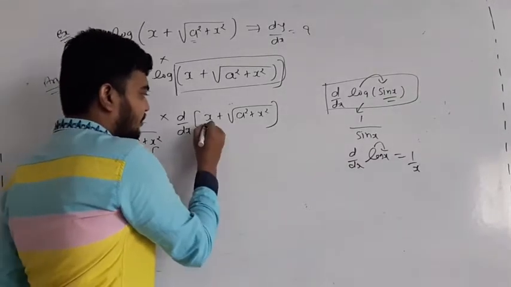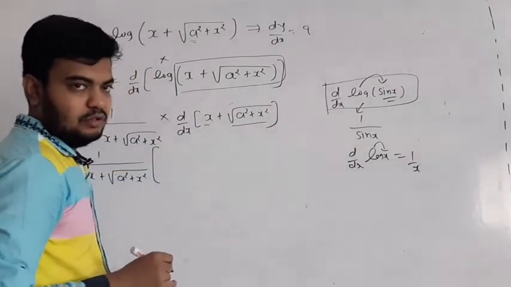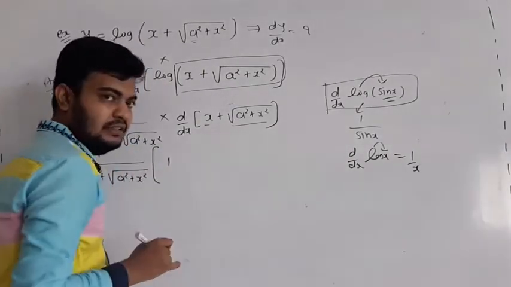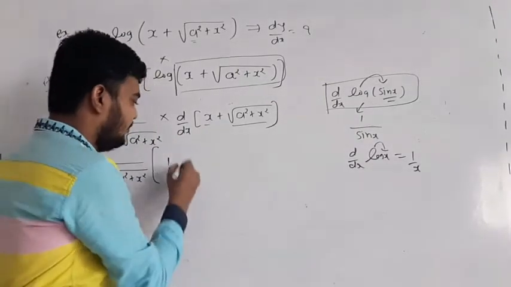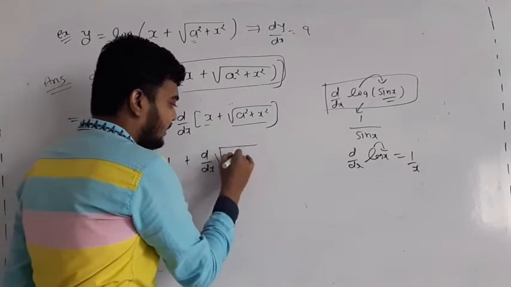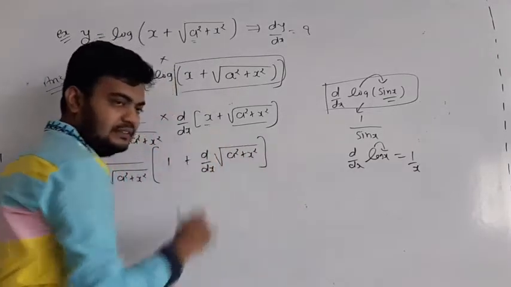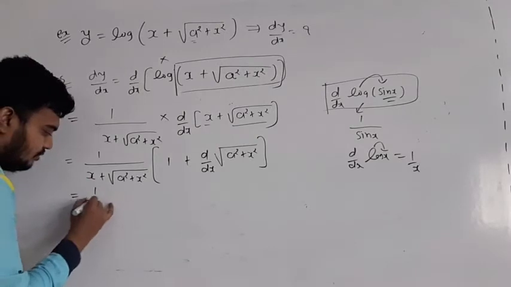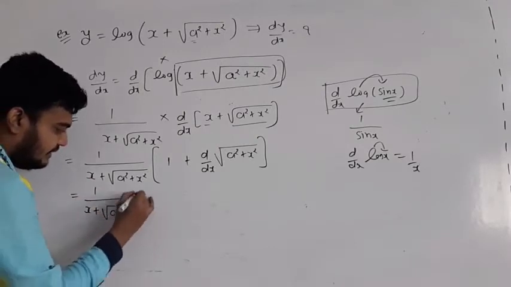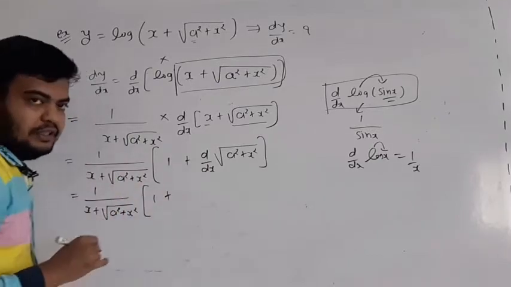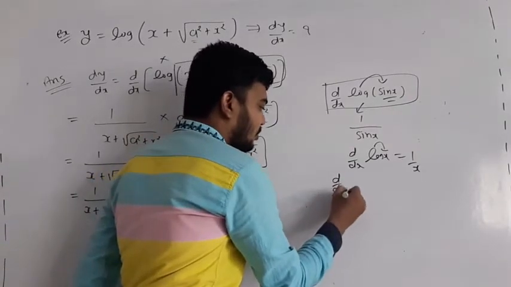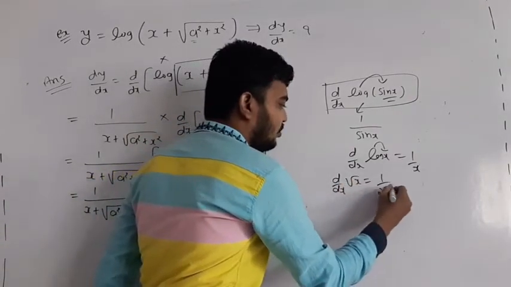Here there is a plus sign between two functions, so we can differentiate separately. So d by dx of x is 1, as we discussed in the previous lecture, plus d by dx of root a square plus x square as it is. Now 1 by x plus under root a square plus x square as it is, into 1 plus, we know that the derivative of root is equal to 1 by 2 root.